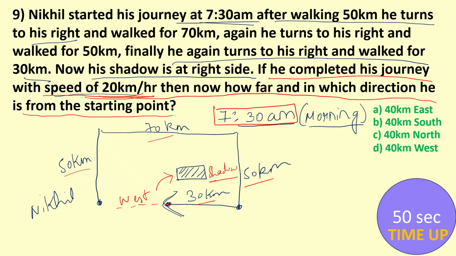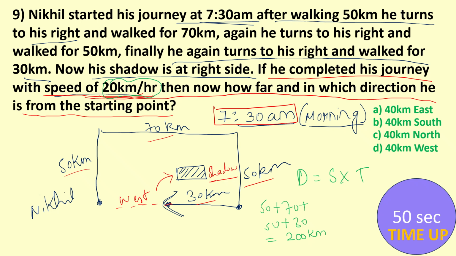So how to find the time? Distance is nothing but speed into time. Distance is 50 plus 70 plus 50 plus 30, that will give you 200 kilometers. Speed is already mentioned in the question, that is 20 kilometers per hour.